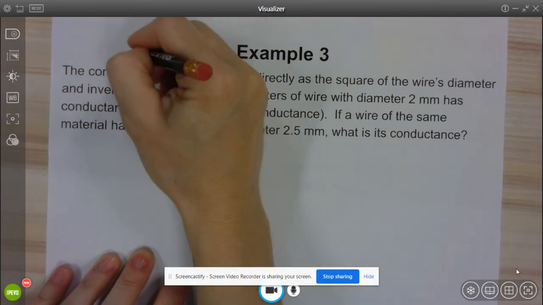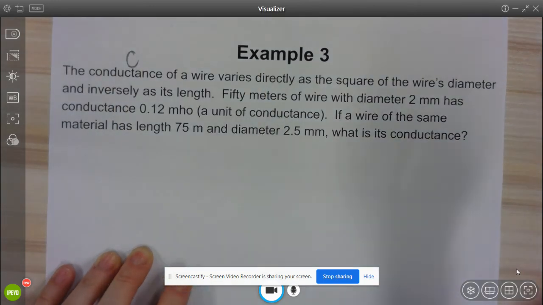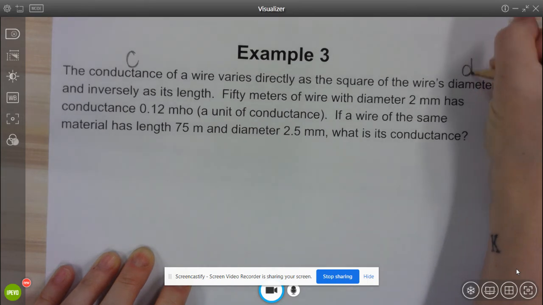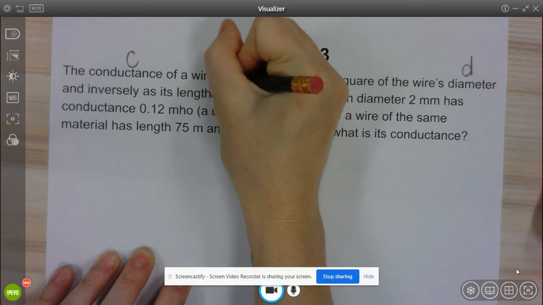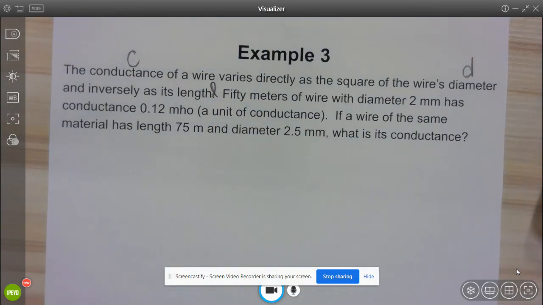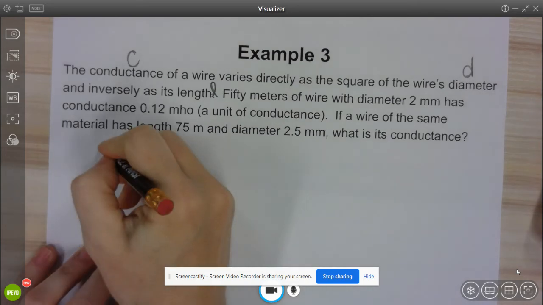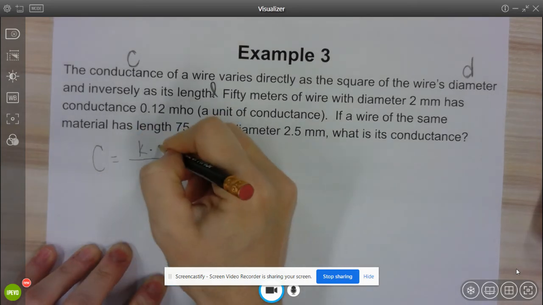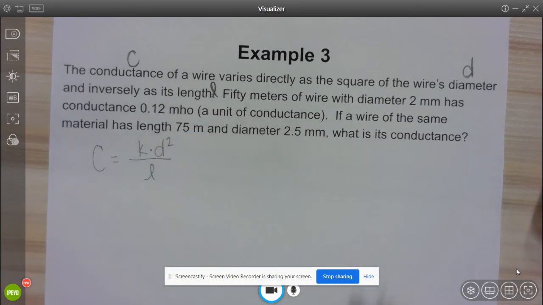All right. So conductance varies directly now with the square of the diameter and inversely with the length. So now the squared thing is up in the numerator. So the conductance is K times D squared divided by L. So it's a little bit different than the stretch.